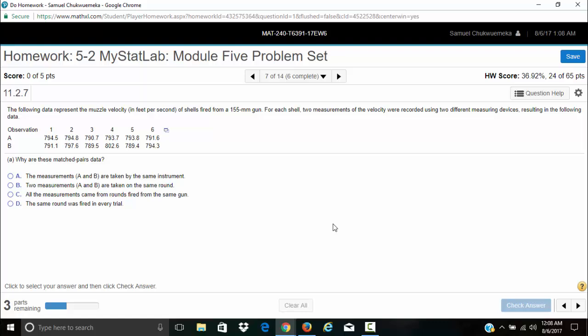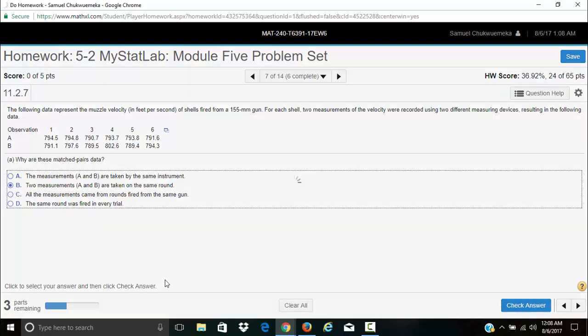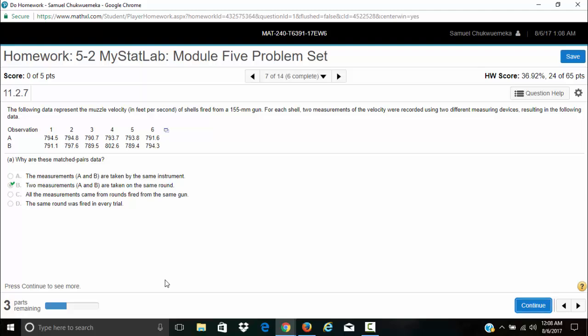It doesn't matter. Just know that the measurements were taken on the same round. For each shell, 2 measurements were recorded. So these are matched pairs data because the measurements are taken on the same round.